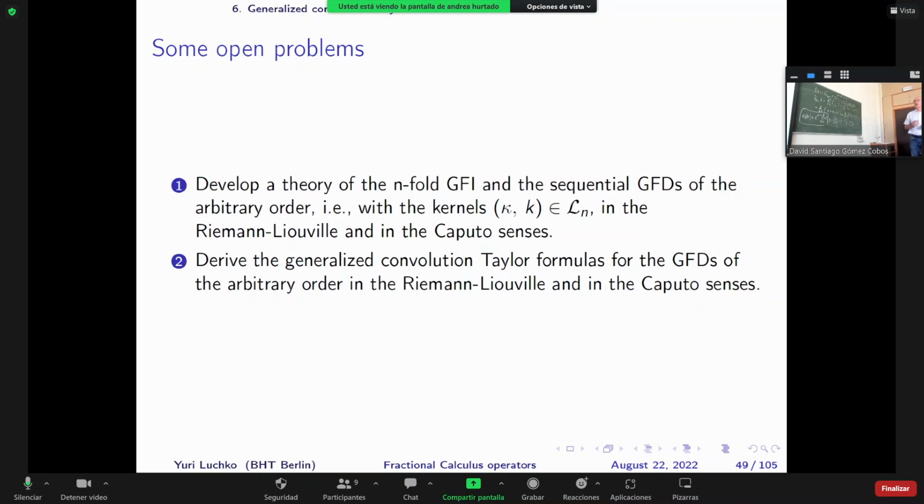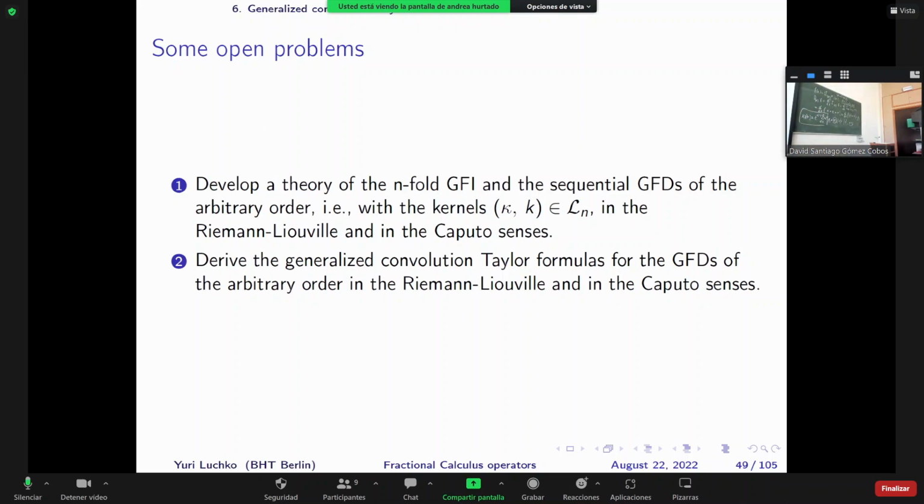You have seen the formulas are complicated enough. But if you consider now sequential fractional derivatives of arbitrary order, then of course all this stuff will get an even more complicated form, but maybe useful. Who knows?